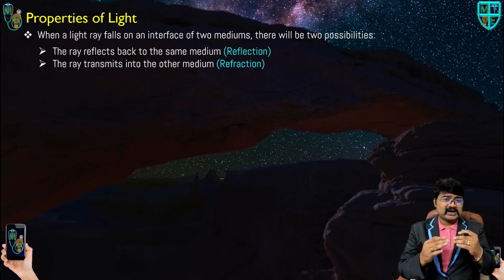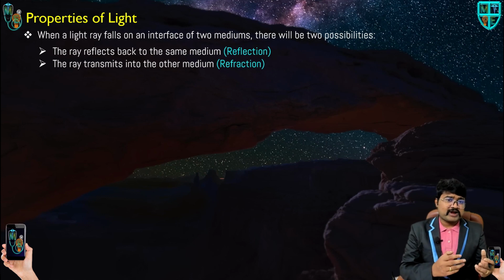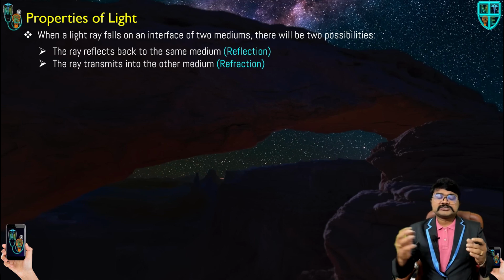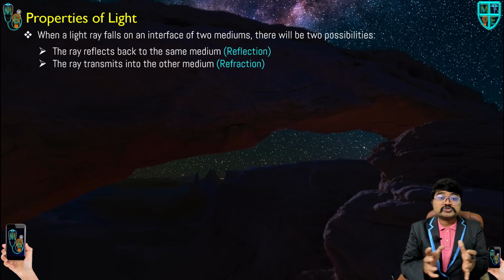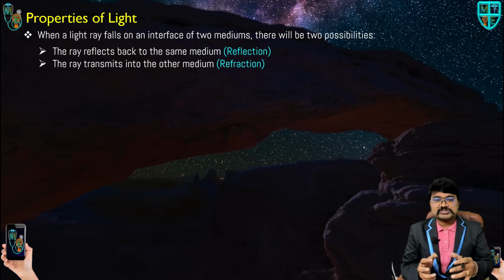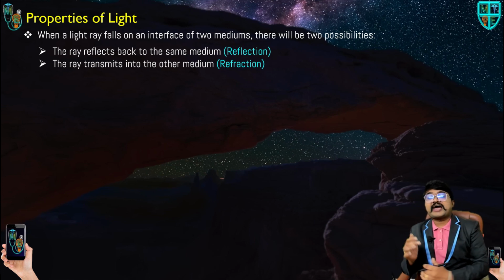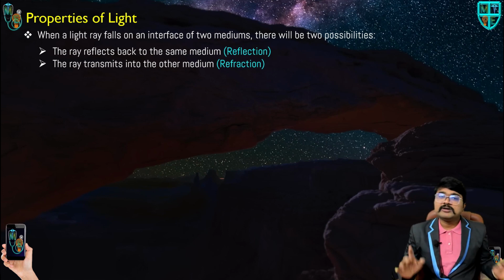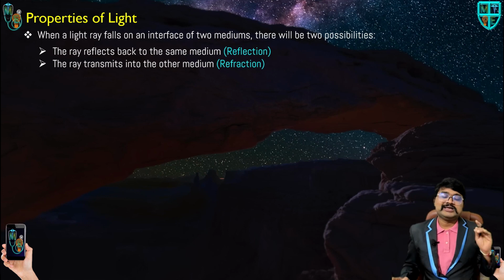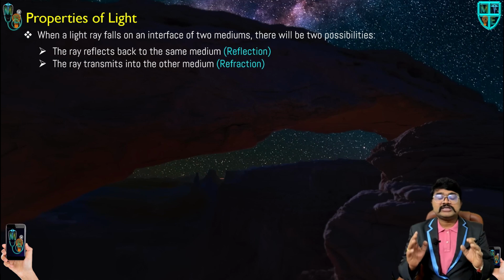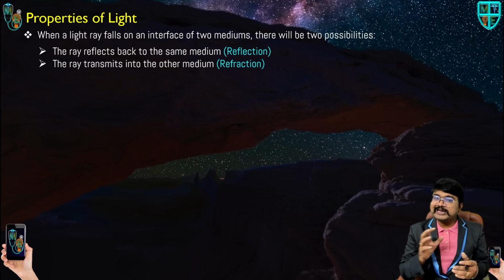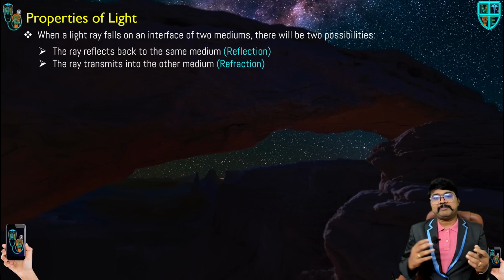Some amount of light will be reflected to the same medium, and some amount of light will be absorbed. That absorption process is nothing but refraction. In case of refraction, the mediums will be different. In case of reflection, the reflected ray passes into the same medium.